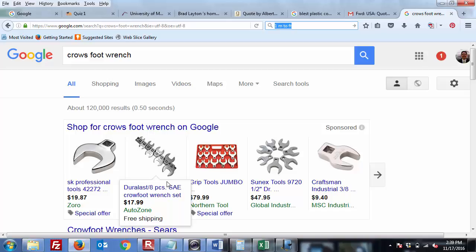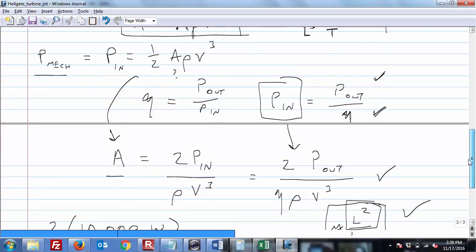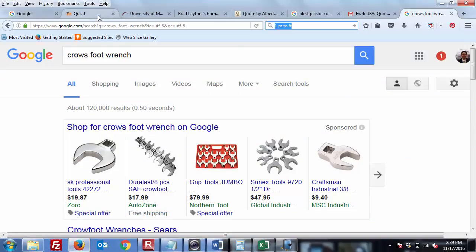I don't know what its cutout speed is, but the turbine would be good for 40, 45, maybe even 50 miles per hour. So anyway, it's at least a good ballpark to show we're in the right ballpark for that particular turbine.